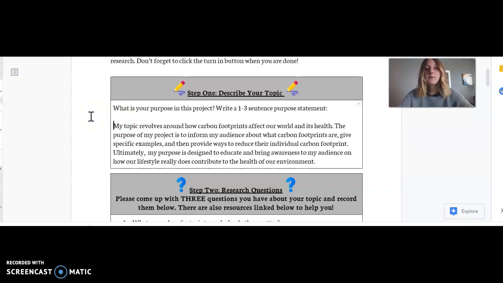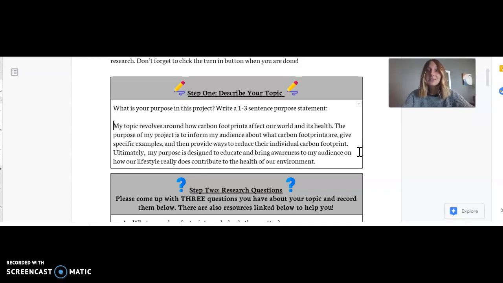My topic revolves around how carbon footprints affect our world and its health. The purpose of my project is to inform my audience about what carbon footprints are, give specific examples, and then provide ways to reduce their individual carbon footprint. Ultimately, my purpose is designed to educate and bring awareness to my audience on how our lifestyle really does contribute to the health of our environment.